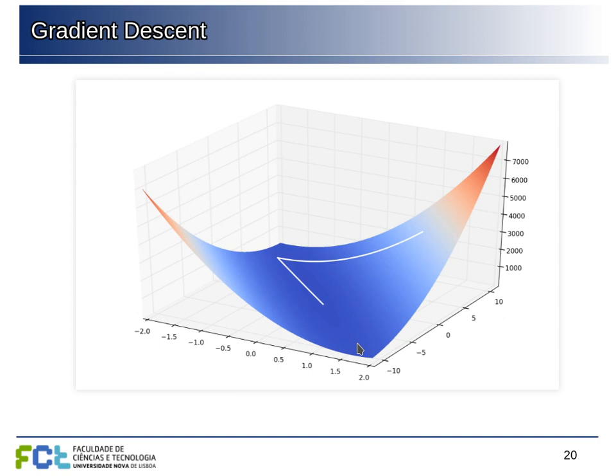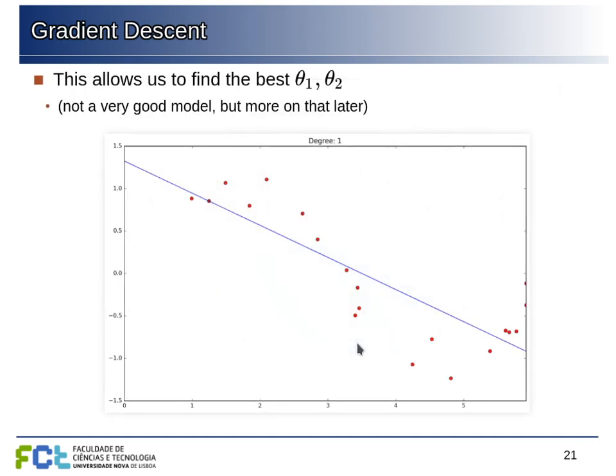And one good thing about this quadratic error function is that it is convex, and it is easy to converge into the global optimum. So this will allow us to find the best parameters, θ1 and θ2, so the best slope and the best intercept for this line.